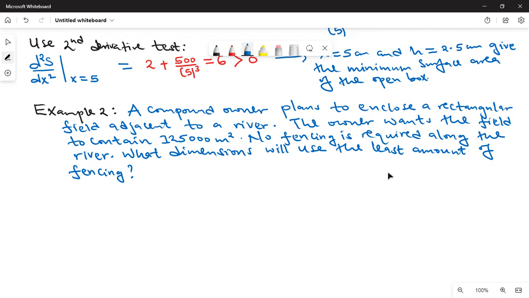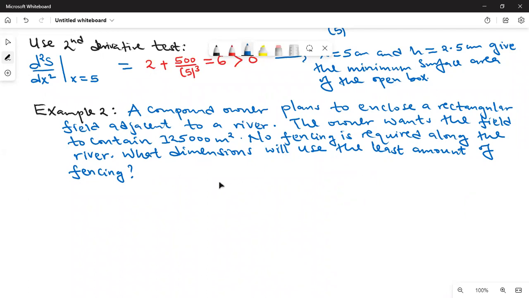The owner wants the field to contain 125,000 square meters. No fencing is required along the river. And then we are asked to find the dimensions that will use the least amount of fencing.